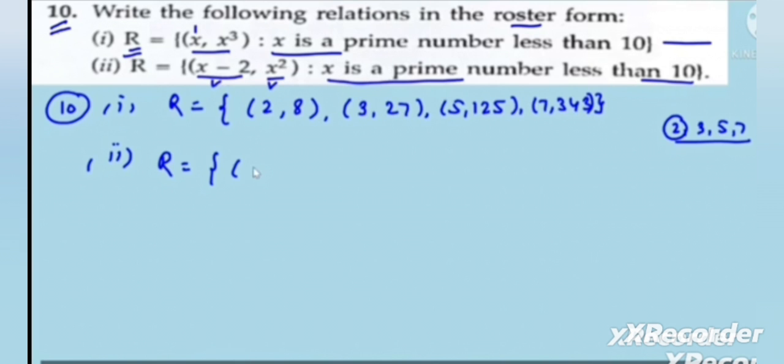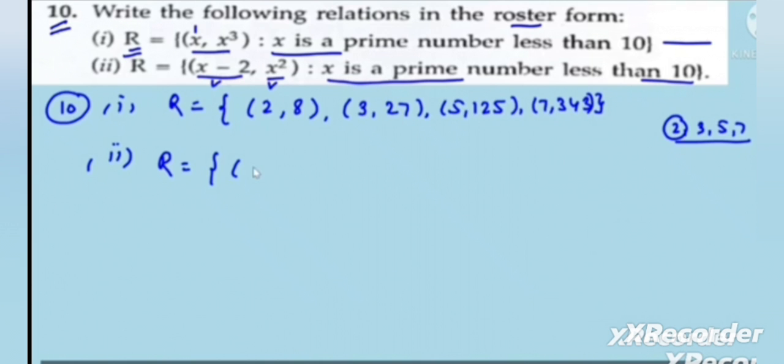In the second sum, it is given that choose all ordered pairs such that the first one is x minus 2, second one is the square of x, but again x is a prime number less than 10. Okay, now what are the elements to be? So what are the prime numbers less than 10?